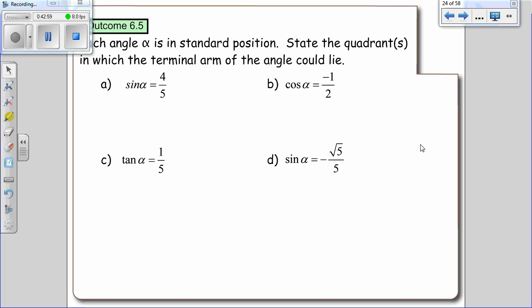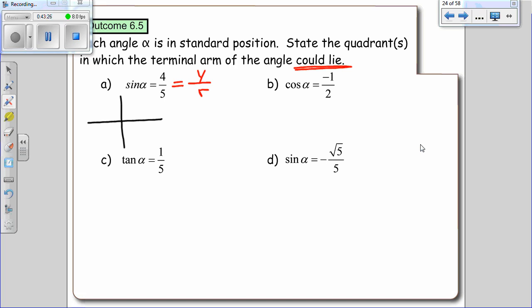Using our TOA knowledge. On a graph, that means this triangle could be right here. Right? That would be 4. That would be 5. That's possible, correct?